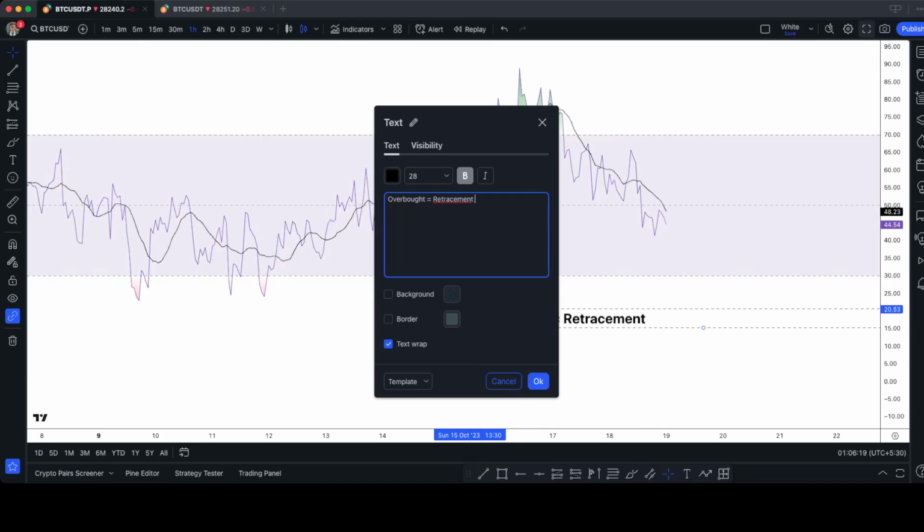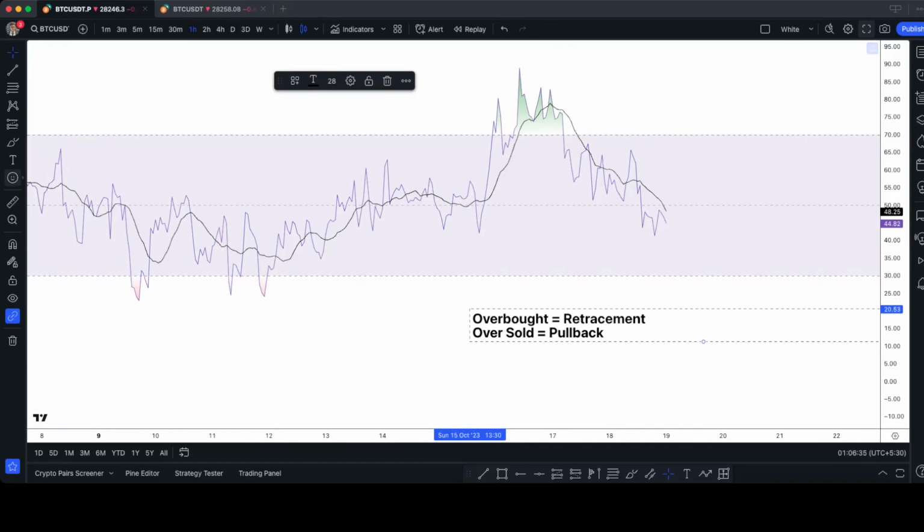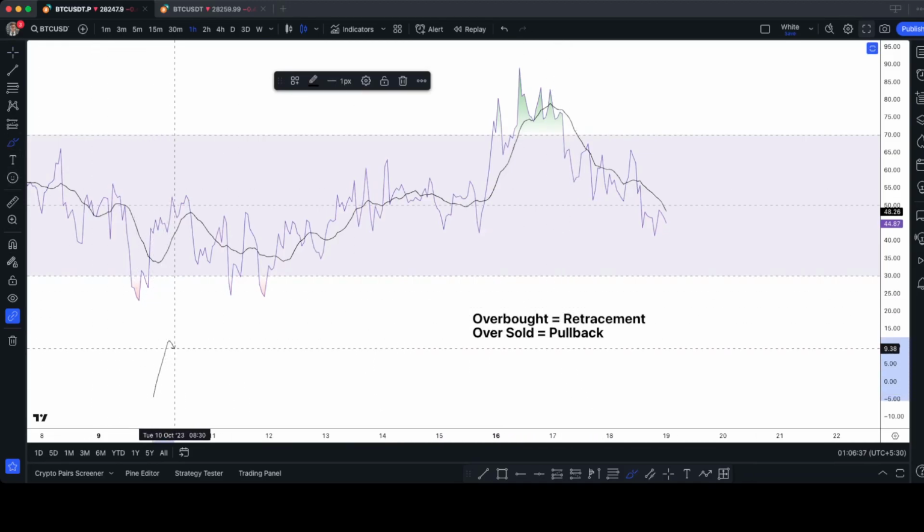So retracement, and if we are in oversold zone, we look for some pullbacks. And these both are the same thing, retracement and pullback. But when we are in an uptrend, like we are going higher, then this is called a retracement.